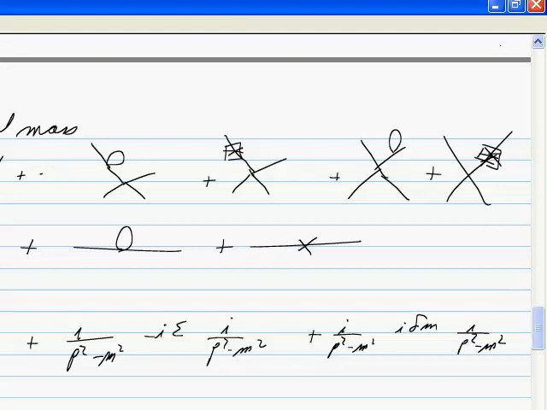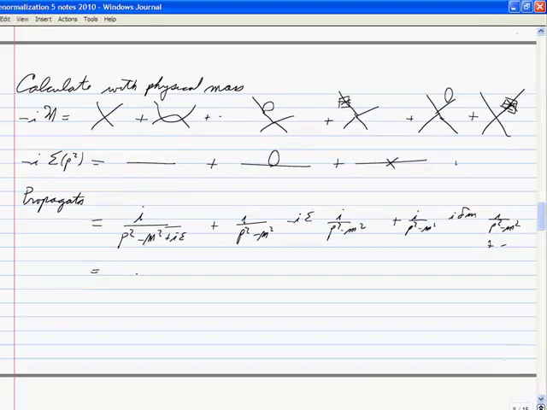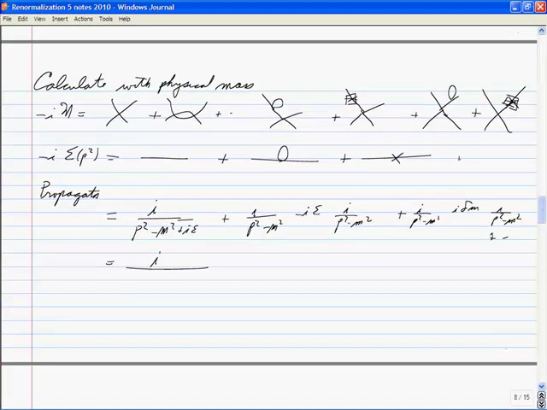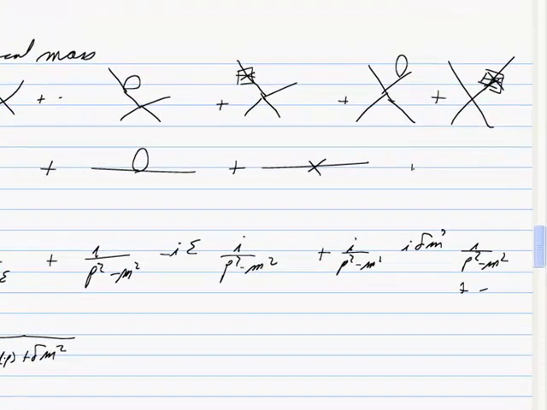This sums up, plus all the higher order terms. Again, the geometric series sums up to i over p squared minus m squared minus sigma of p plus delta m squared, sorry, plus i epsilon.